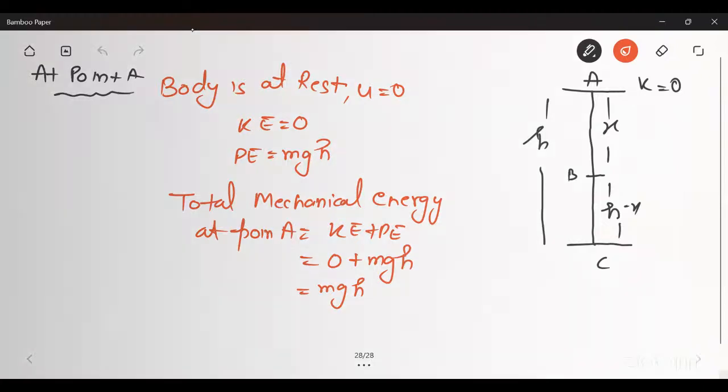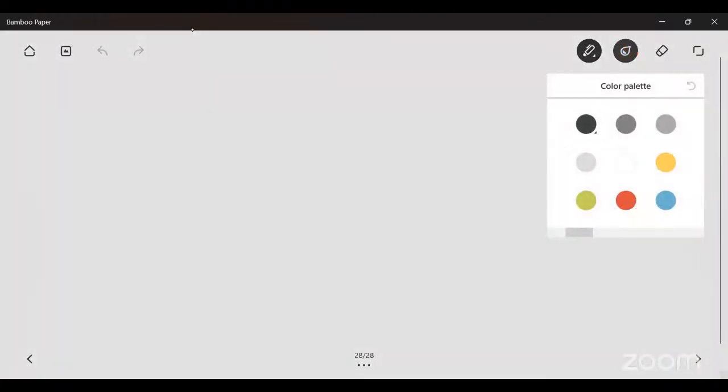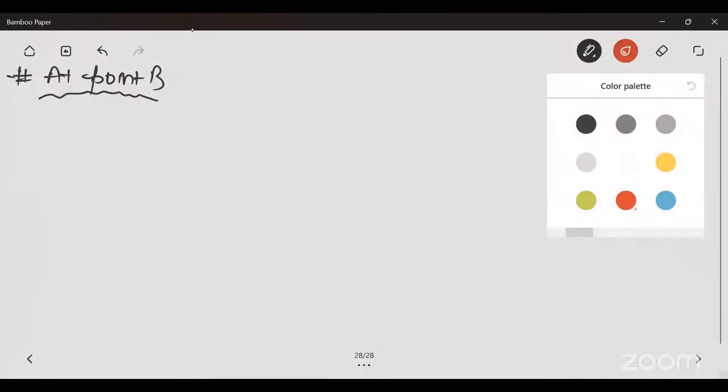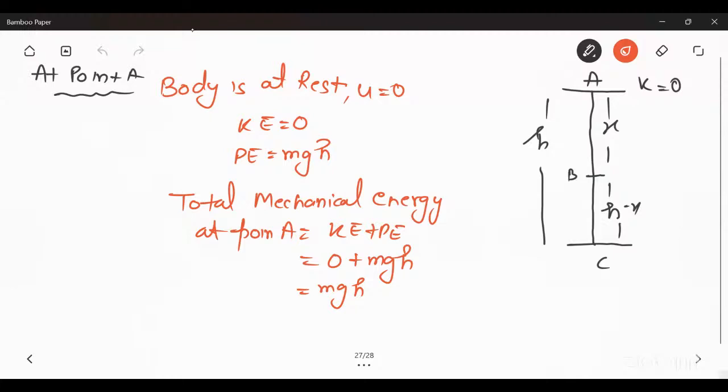Now at point B, the potential energy will be, here the height will be h minus x.